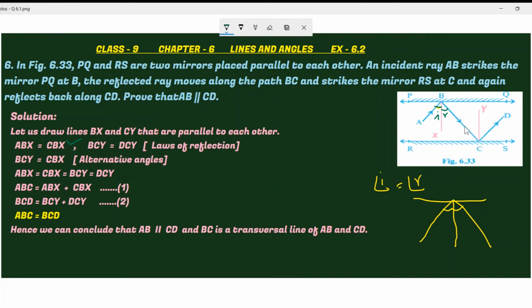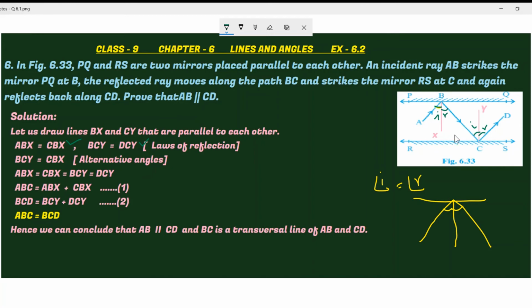Next, for this normal line, angle BCY is equivalent to DCY, because this is the incident ray and this is the reflected ray. Next, I am going to take BCY is equivalent to CBX, because we have drawn two normal lines parallel to each other. That means BX is parallel to CY.